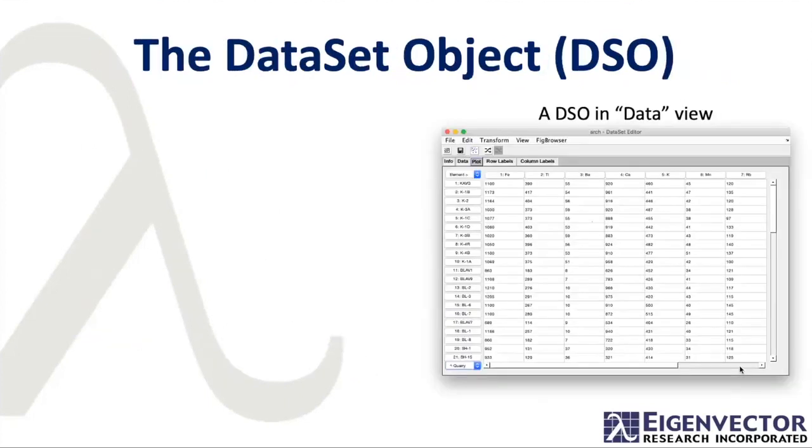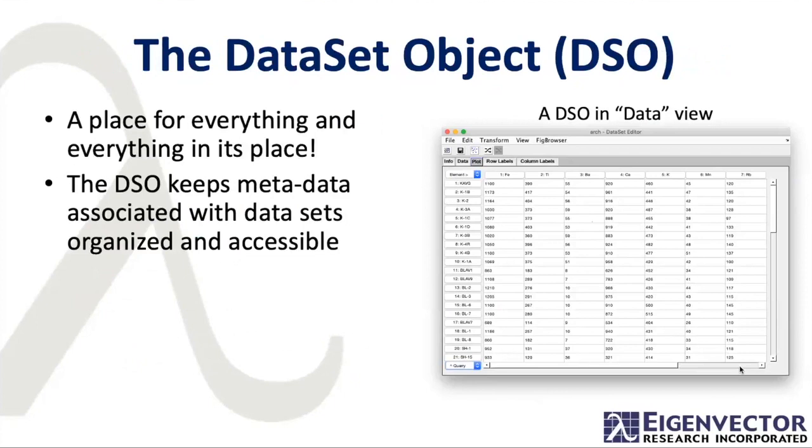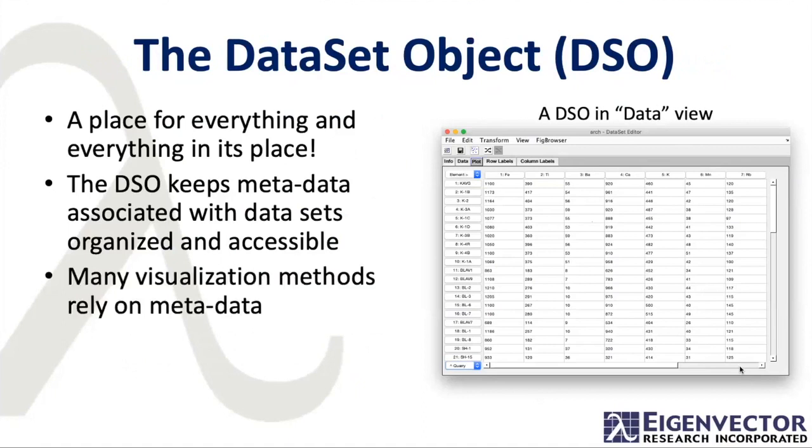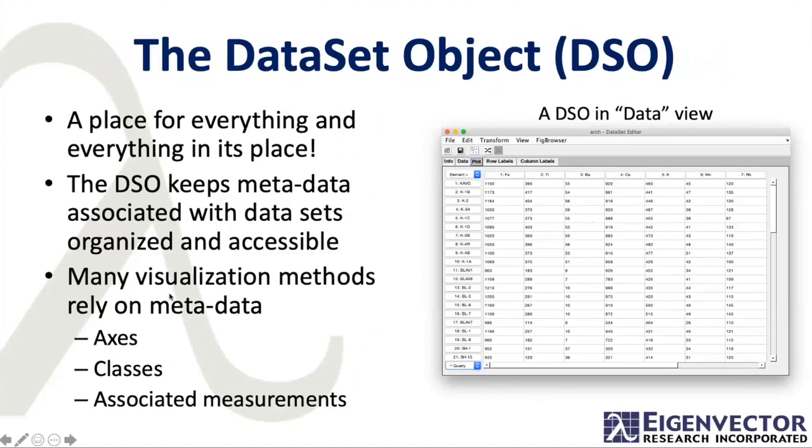So hopefully you folks are familiar with the dataset object. And here's just a picture of it. The dataset has a place for everything and everything in its place. And the DSO keeps metadata associated with data sets organized and accessible. It also includes information often used for visualization, but we can set up classes here to include how we want to cross-validate things.